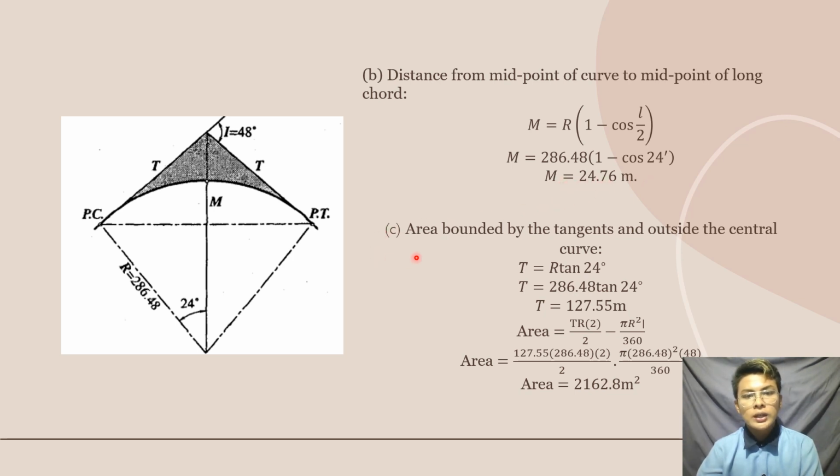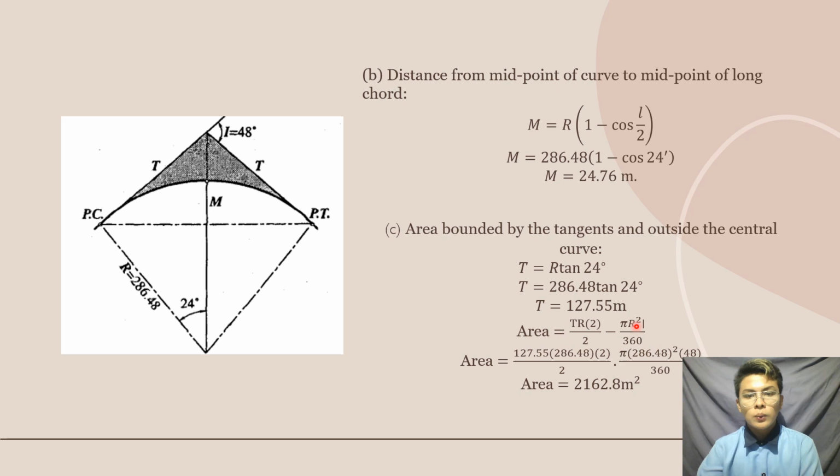Next is letter C, the area bounded by the tangents and outside the central curve. Before we get the area, we must get first the tangent, which gives the formula T is equal to R tangent 24. Substitute the radius of the curve, then we will get T is equal to 127.55 meters.